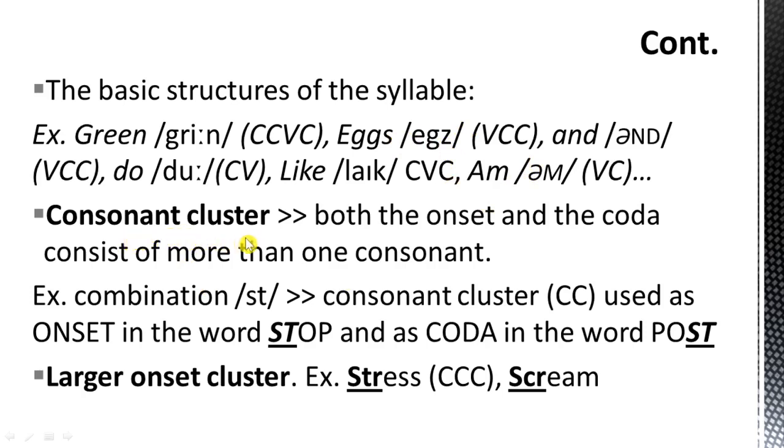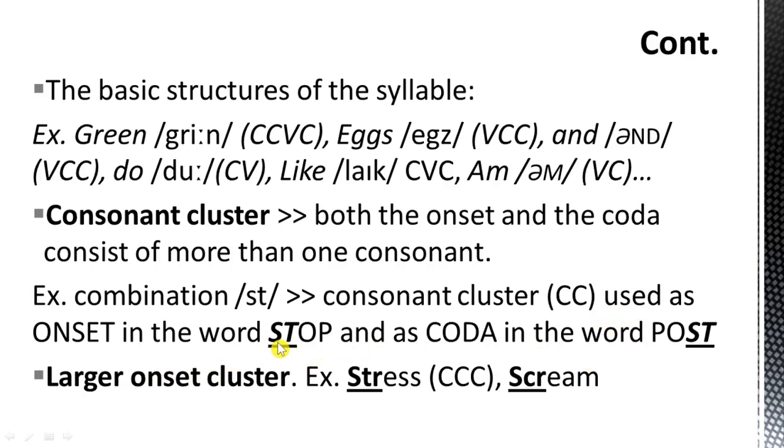Next is about consonant clusters. In a consonant cluster, both the onset and the coda consist of more than one consonant. Take a look at the following example, the combination of S and T. This can be a consonant cluster, CC, which is used as an onset in a word like stop.